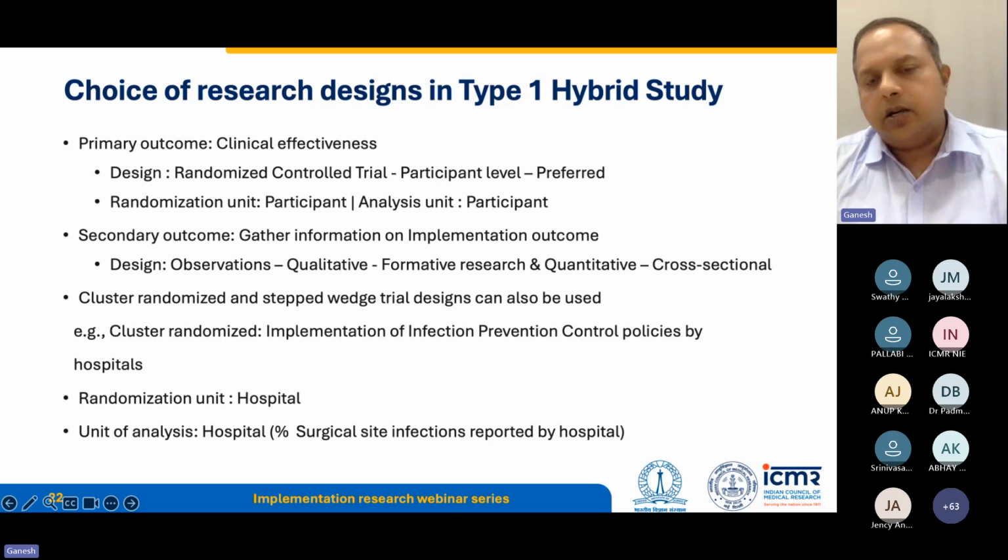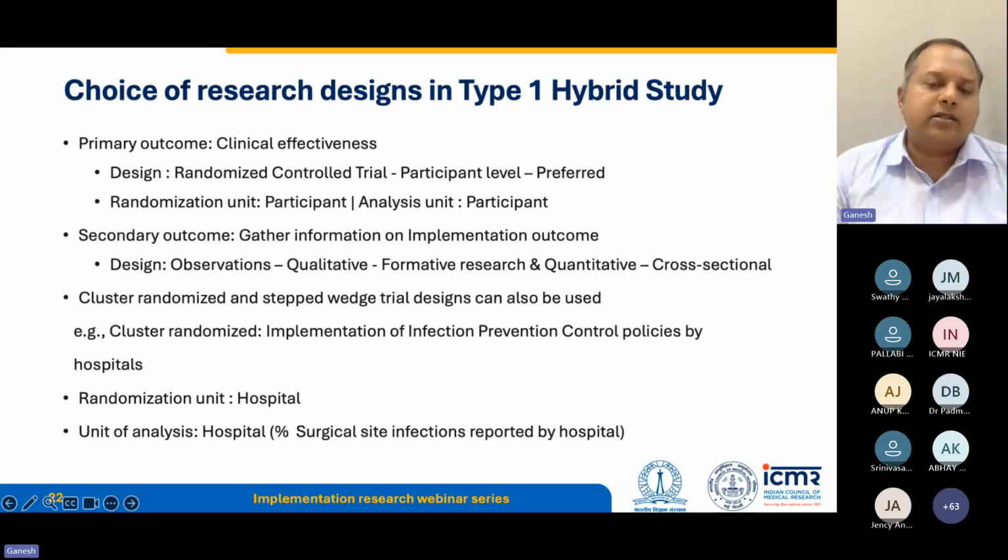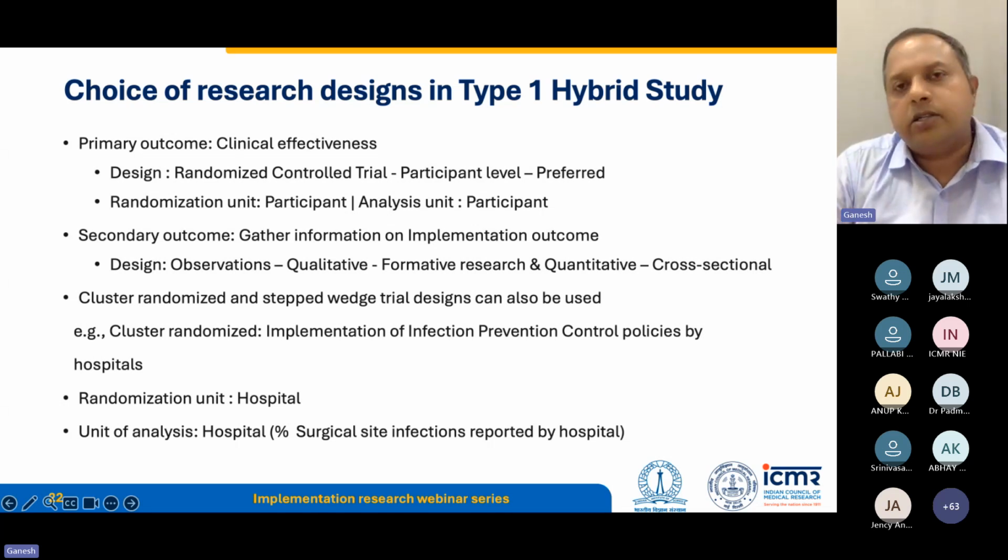So we have intervention clusters and control clusters. The unit of analysis is the hospital, which is a cluster. The outcome we are trying to measure is the proportion of surgical site infections reported by hospital. So a cluster randomized design can still be adopted in a type 1. But mostly, participant level randomized control trials are the preferred design.